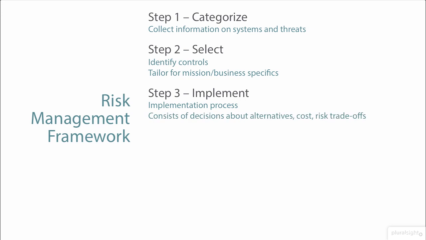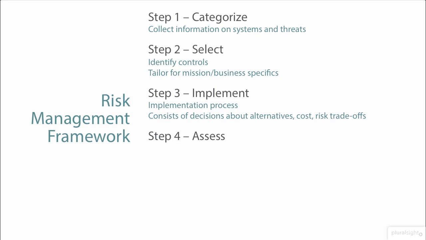And this will have all of the decisions that we've also made about alternatives, the cost of this, and the risk trade-offs. If we decided to use a cheaper control versus a more expensive one, what trade-offs are we looking at? Or if we decided to do risk acceptance, what is the trade-off that we're looking at?